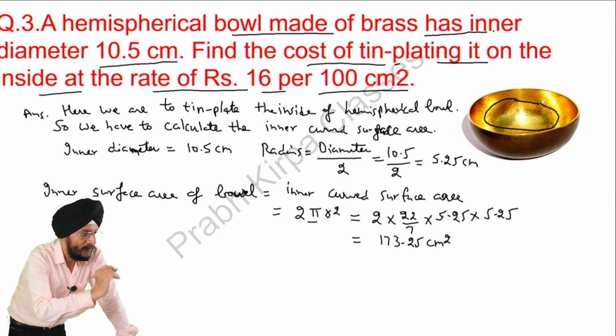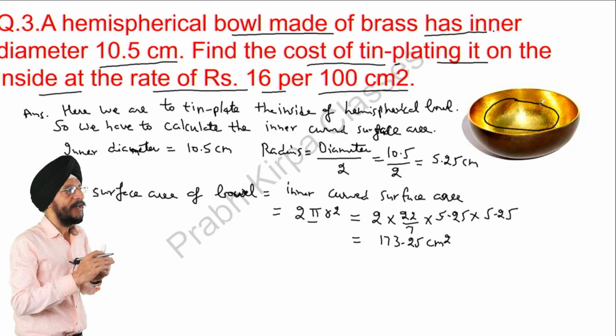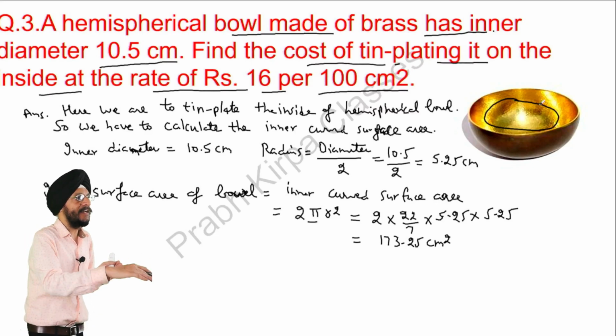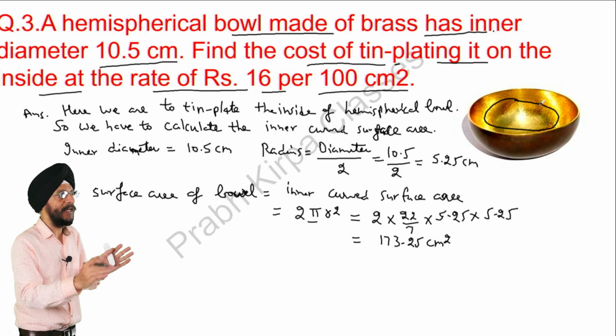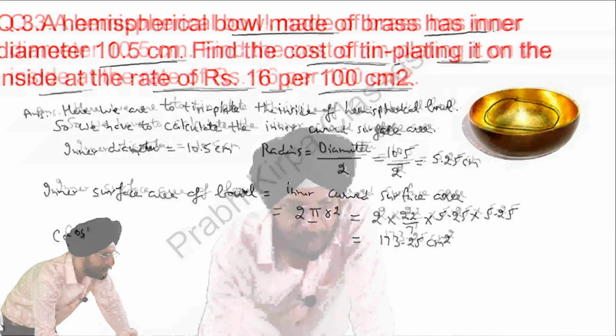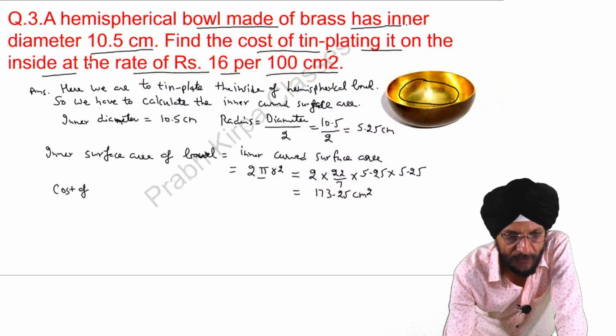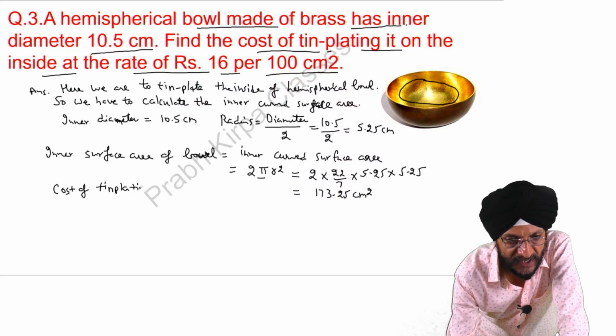Now what do we have to finally calculate? We have to calculate the cost of tin plating the inside of the hemispherical bowl, and the rate of the same has been given. What is the rate?